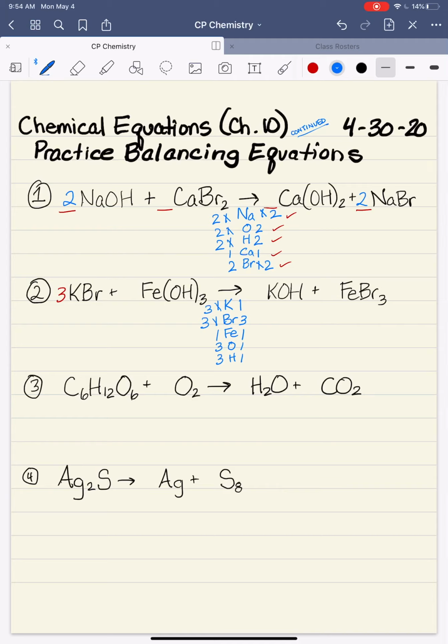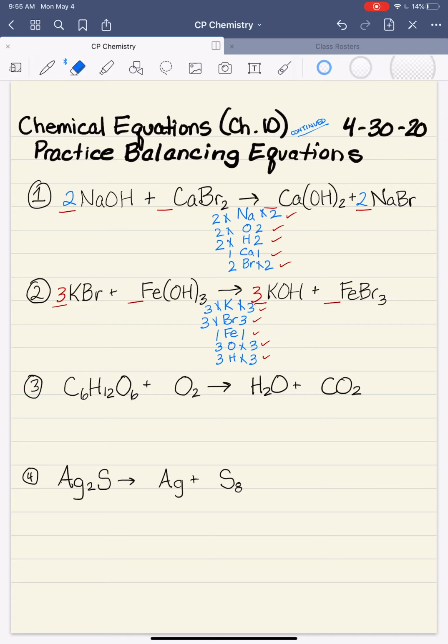Okay, and then I'm going to go ahead and put a 3 in front of KOH, and that's going to give me 3 of these, 3 of these, and 3 of these. And I think that'll do it. 3, 3, 1, 3, 3. Everyone's in balance. So our coefficients become 3, 1, 3, 1.